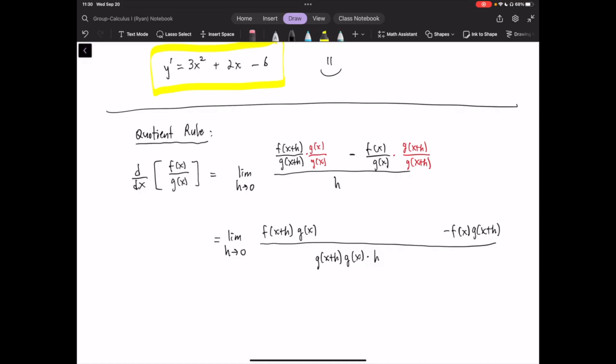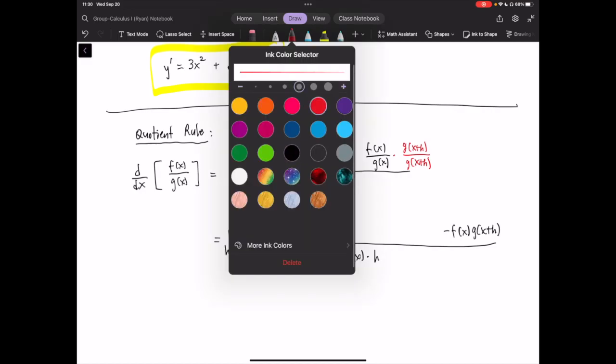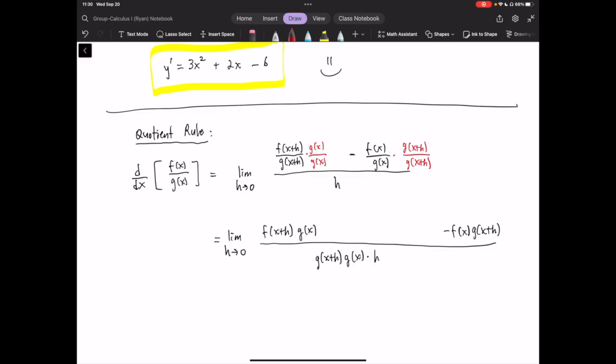Well, I want to add and subtract something that's going to be in common and kind of cancel out here. So I have a couple of options. What I'm going to do on this one is subtract out the product of f of x plus h times g of x plus h. All right, and then add in the same thing, f of x plus h times g of x plus h.